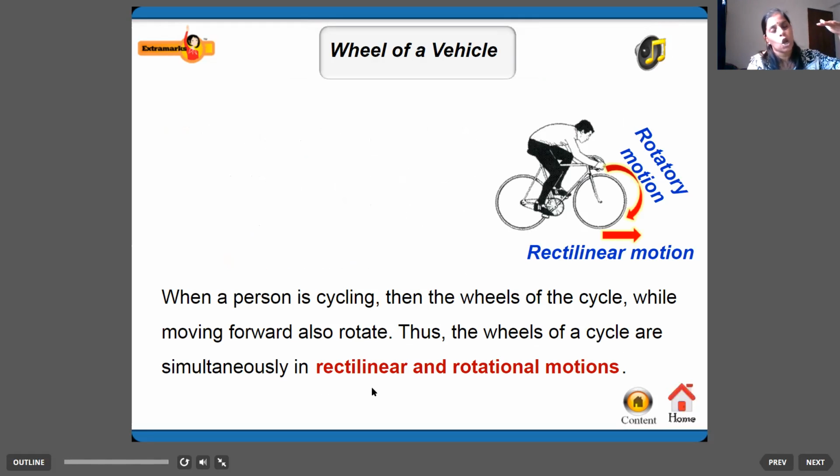Rectilinear motion means when an object moves in a straight line, while rotatory motion is on a fixed axis. So the wheel of a vehicle is showing both rotatory as well as rectilinear motion.